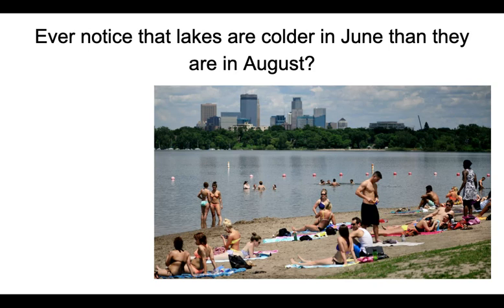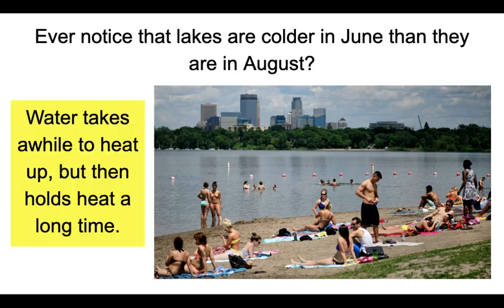We tend to get more energy from the sun directly in those summer months. Have you ever noticed that lakes are colder at the beginning of summer than they are at the end of summer? Colder in June than they are in August? This is because water takes a while to heat up, but it holds that energy longer.